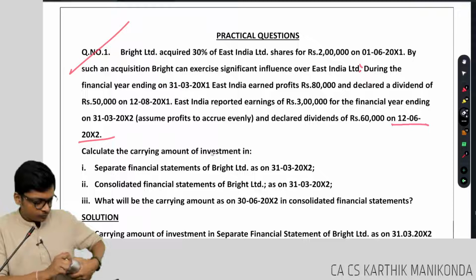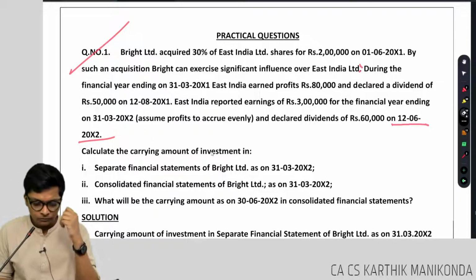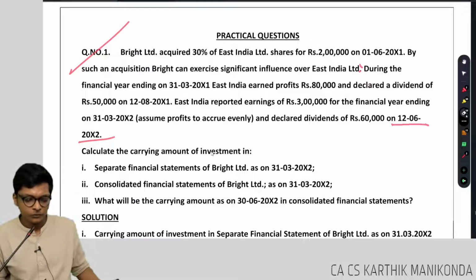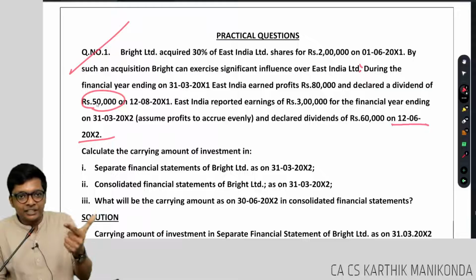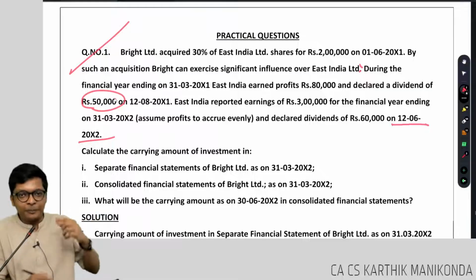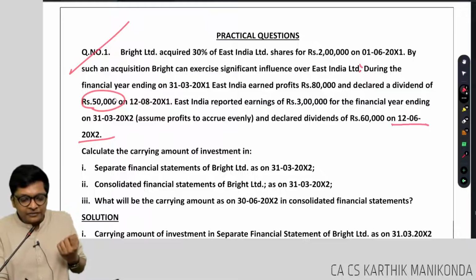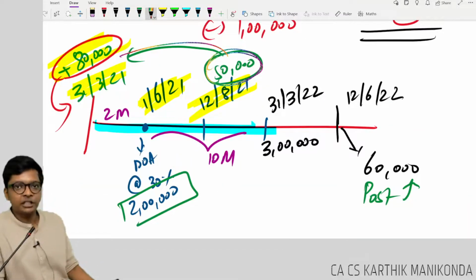Yes, Vignesh. Here dividend is paid from the profits, even though dividend is paid after acquisition, very important, even though dividend is paid after acquisition, it is paid from profits which is pre, so it becomes pre-acquisition dividend.